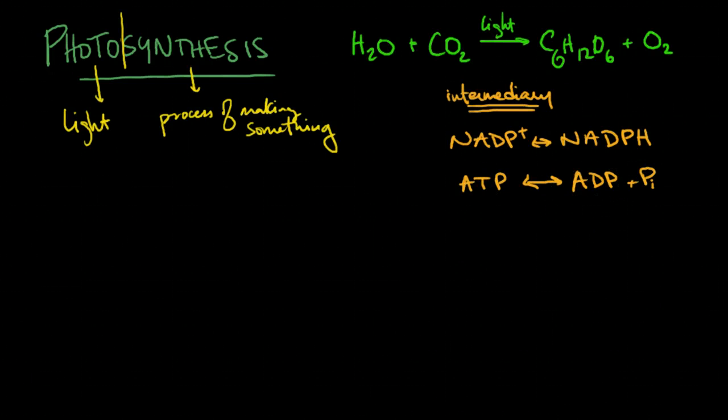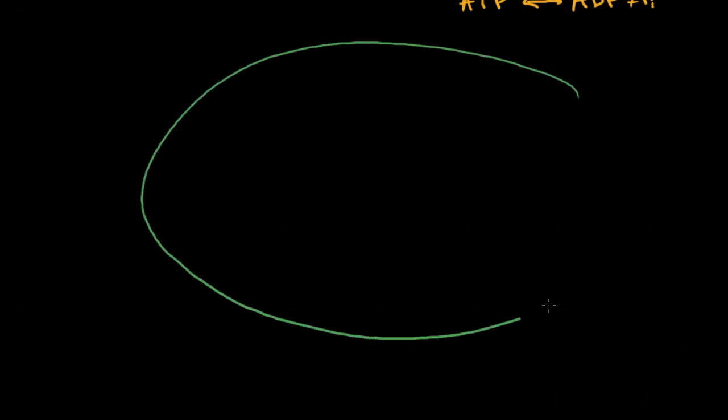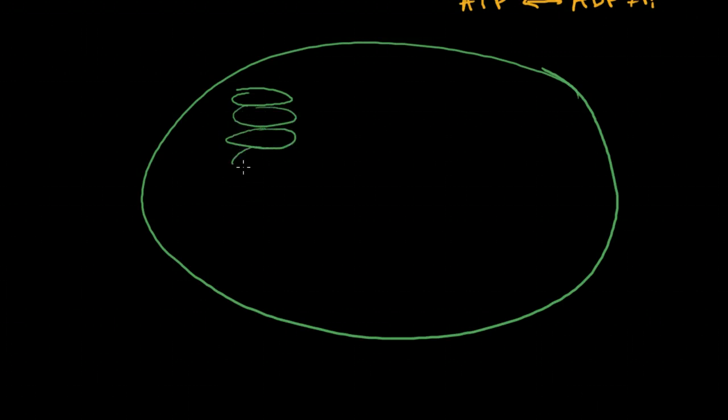And I'm going to just do a quick diagram here as best as I can. So this is supposed to represent my chloroplast. Throughout the chloroplast, we have thylakoids, which I equate with pancakes. So each one of these is a thylakoid.